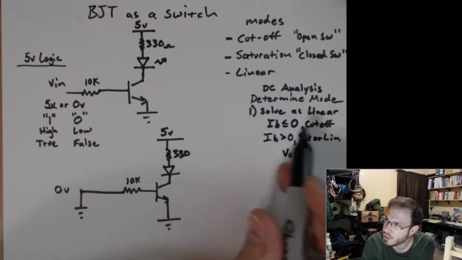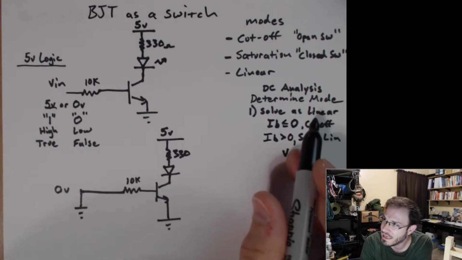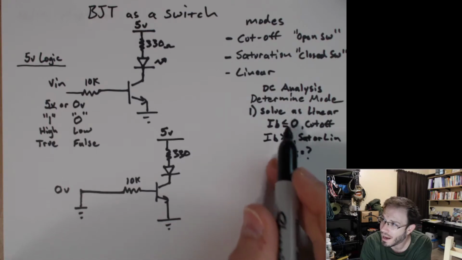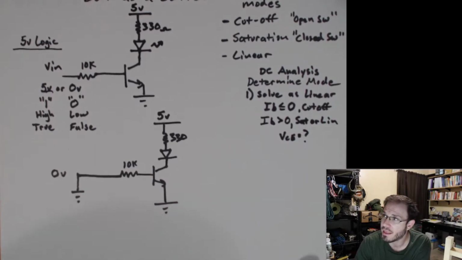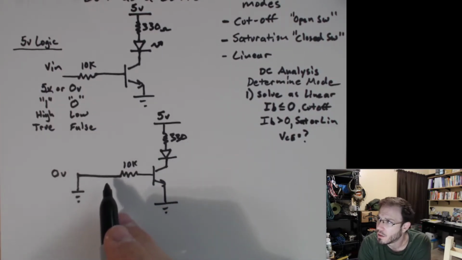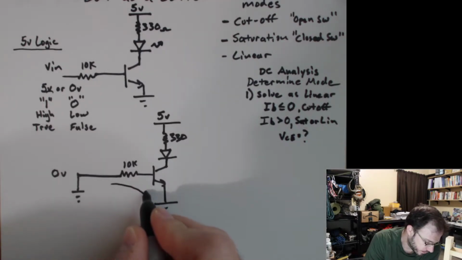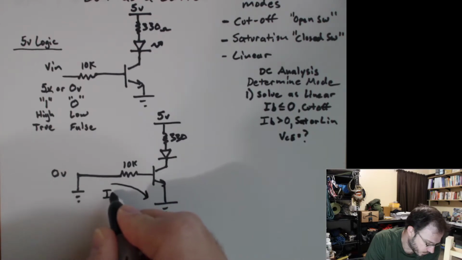The first thing we need to do is solve this as though we're in the linear mode and find out what IB is equal to. Now in this situation, what is IB equal to?